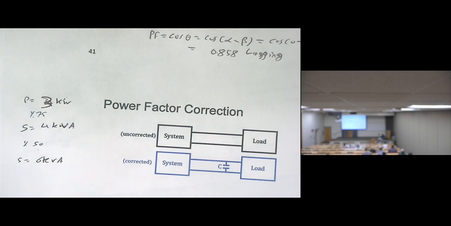And actually, in real life, you will see in any factory, you will see 2 meters. One meter is associated with real power, one meter is associated with reactive power, and measuring the power factor. So if the power factor is below a certain limit, there should be a penalty for that factory.